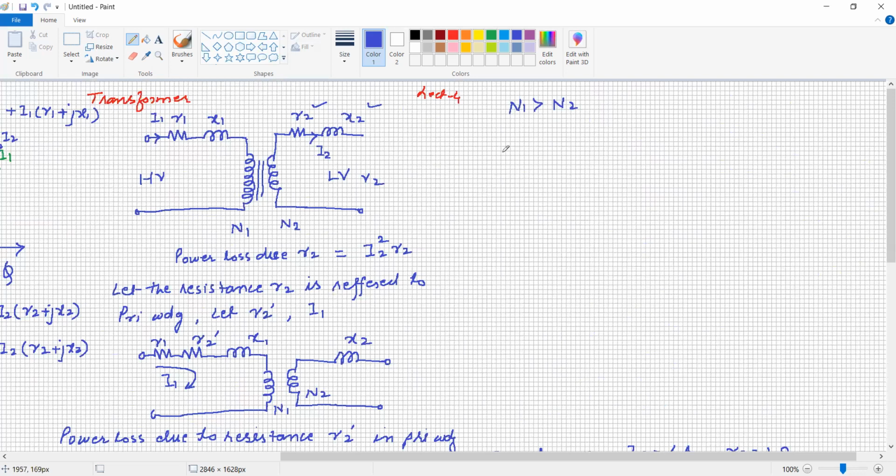Now, what is the value of resistance? So R1 is equal to R1 plus (N1 upon N2) squared R2, because we are referring the resistance to the primary side.